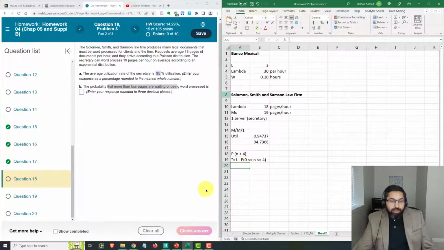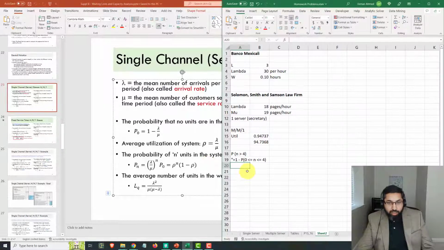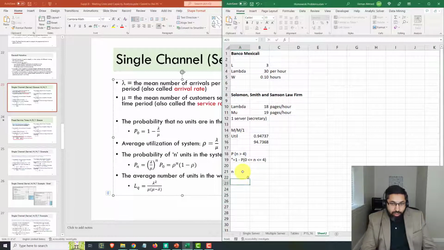Okay. Now, if we go back to our slide, the probability of n units in the system is given to us by the utilization raised to power n times 1 minus the utilization. So we can make a table n 0, 1, 2, 3, 4, and we can find the P of n. That is going to be, we take the utilization and raise it to the power n.